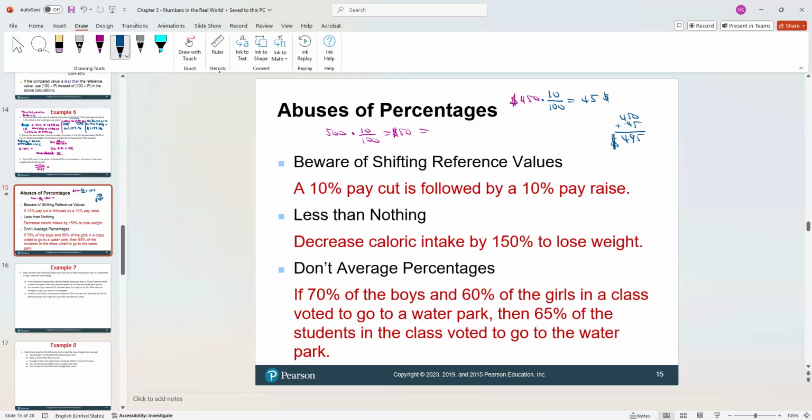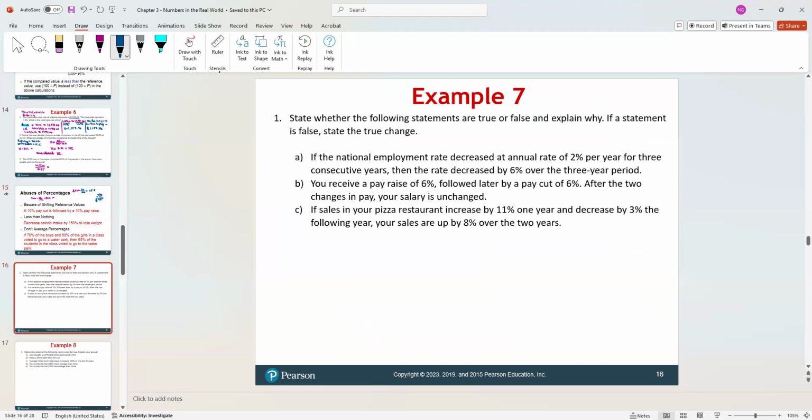Okay. Now, let's see a few other examples very quickly. Probably you already see it. We are ready to do some very quick ones. State whether the following statements are true or false. If a statement is false, state the true value. So that's what we're gonna do with those examples, very, very quick.